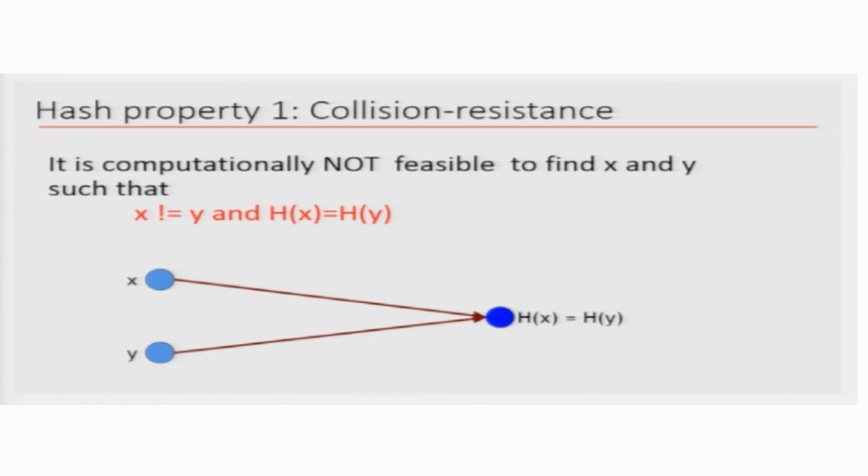So, I take a hash value and I ask you to give me two strings which are different, but give me the same hash output, and that is finding a collision. And a good hash function should have the property that it is not feasible to find such x and y who collide through this hash function.